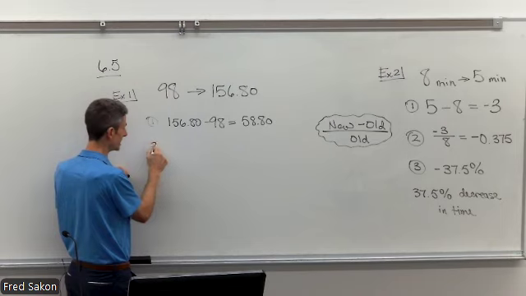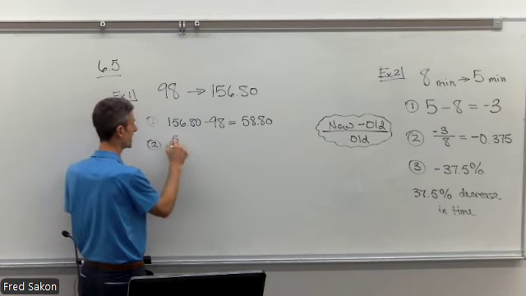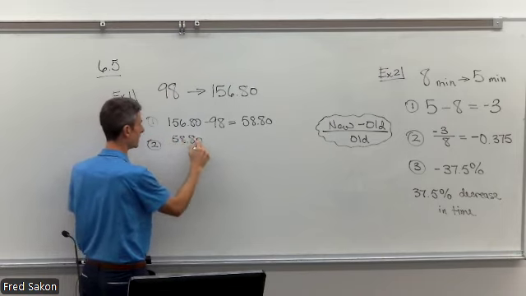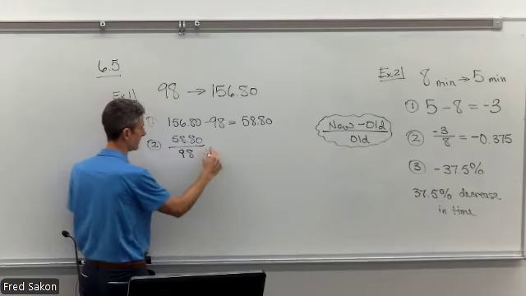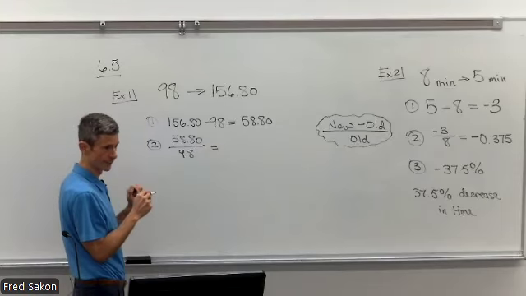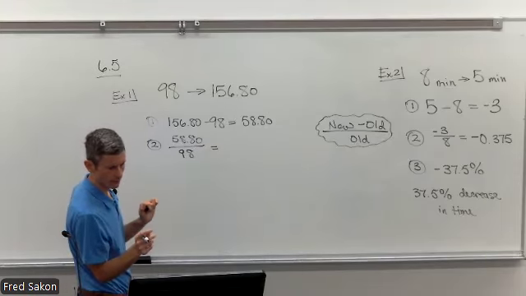What's the rate? Then we take that $58.80, divide by our original amount, which is our cost, in this case 98. And that will give us a decimal. Confirm for yourself. That's 0.6, roughly.